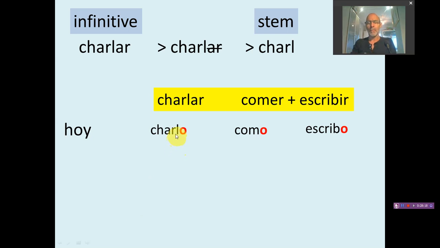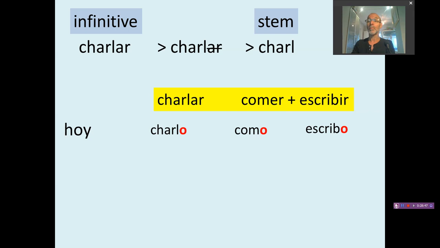Just focusing in on charlo, which means I chat, present tense, you also need to understand that that same word, charlo, can translate as I am chatting as well, as in right now. In the same way that como can mean I eat, as in I eat in the school canteen every day, but it can also mean I am eating, as in I'm eating a cheese sandwich now.